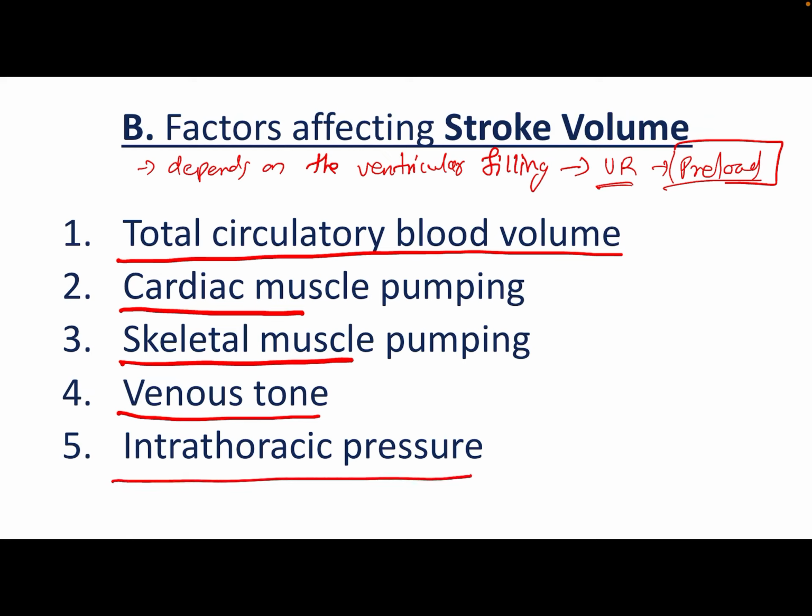Intrathoracic pressure will be more during inspiration, and the cardiac output will be more. So these are some of the important factors affecting cardiac output: factors affecting heart rate and stroke volume.